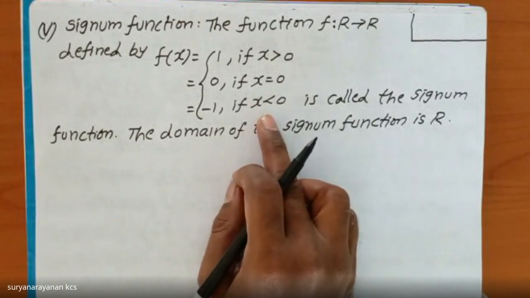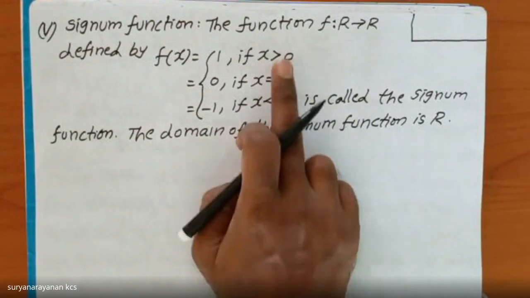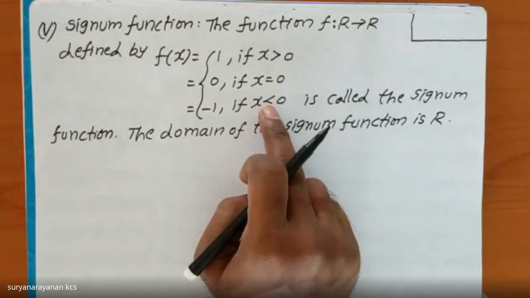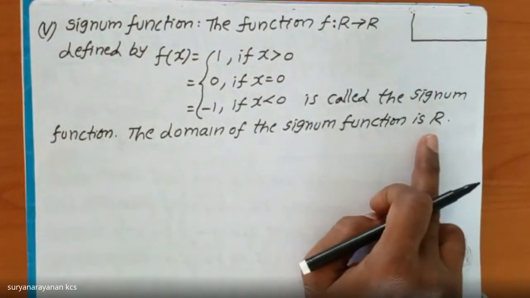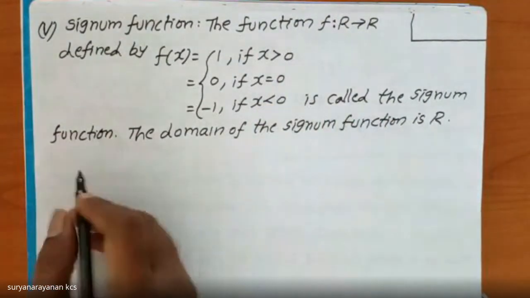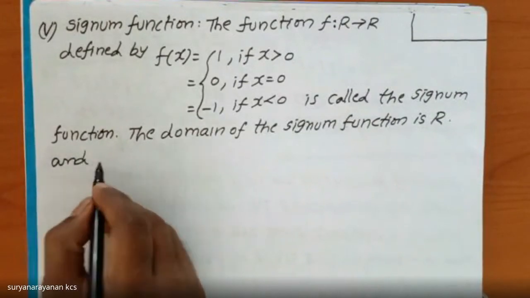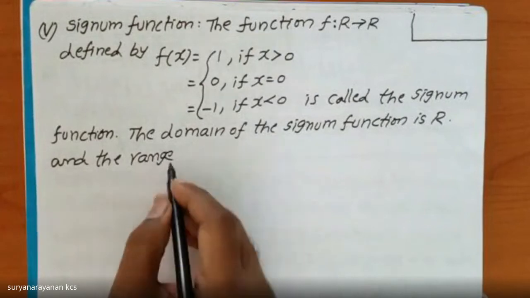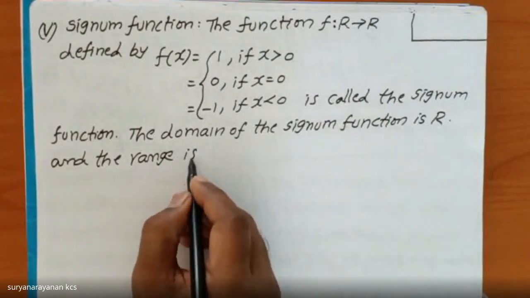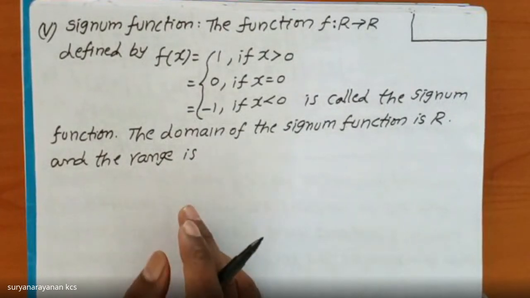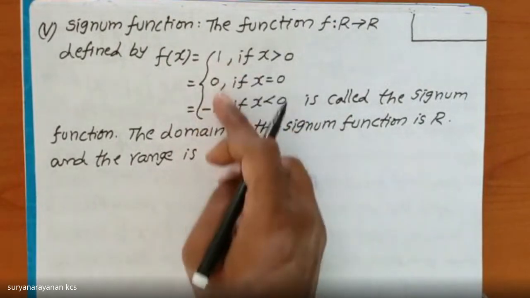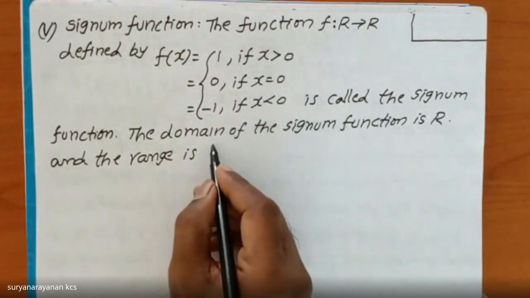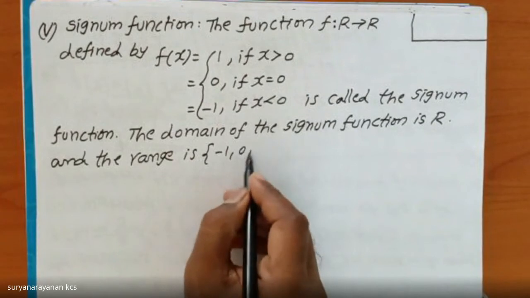Whatever the values taken by the variable x, they are called the domain of the function, and range means the function values. What are the function values here? Only minus 1, 0, 1.